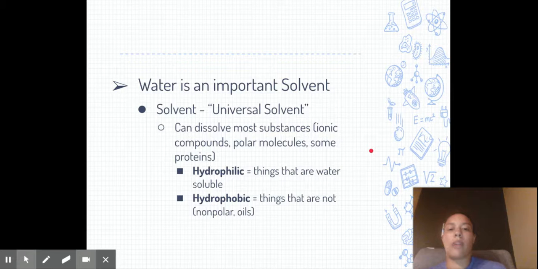And so for hydrophilic things, when they're dissolving other substances, it goes through a process known as dissociation, right? It's going to take our salt and pull away the sodium and the chlorine, the positive and the negative charged particles, and separate them out, which allows them to dissolve.